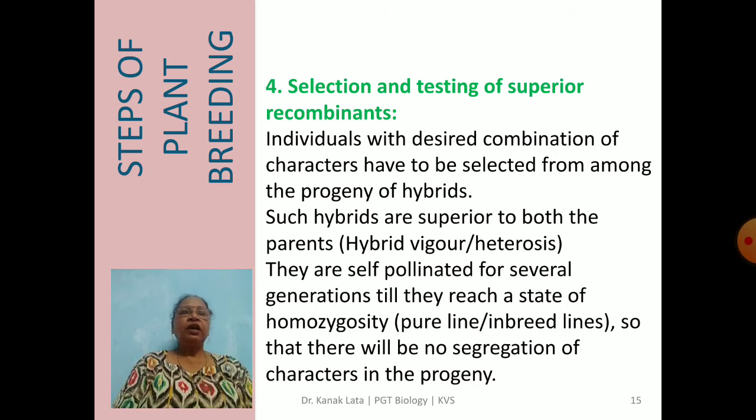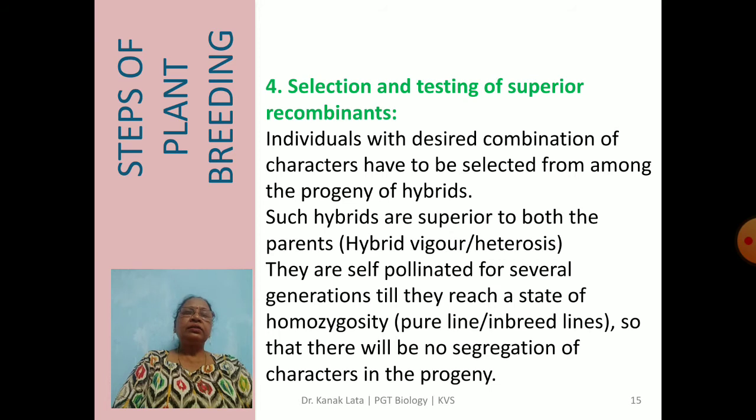Means what the hybrid progeny we have obtained, we will again select from that progeny of hybrids, and such hybrids are superior to both the parents, means male and female. So that hybrids must be superior to their parents. So they are called as hybrid vigor or heterosis.